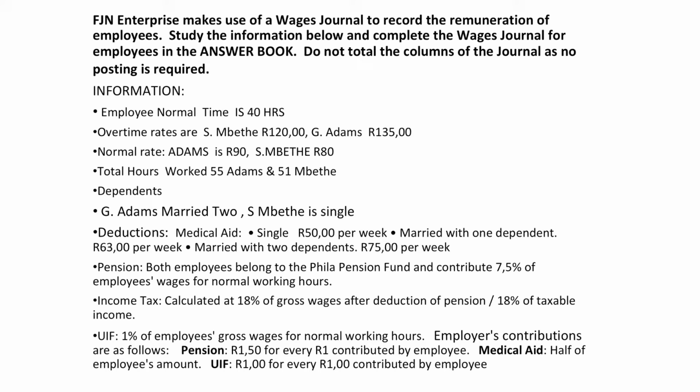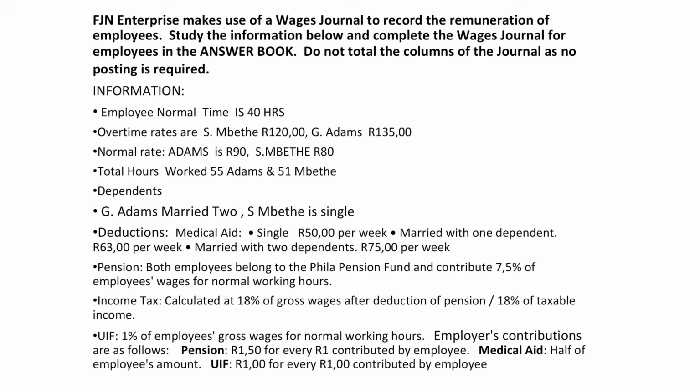Then we went to the employer's contribution. Pension is 1.50 rand for every rand contributed by the employee. If the employee contributes 2 rand, the employer will contribute 1.50 rand times 2. As they said, 1.50 rand for each and every rand. Then medical aid is half the employee's amount.